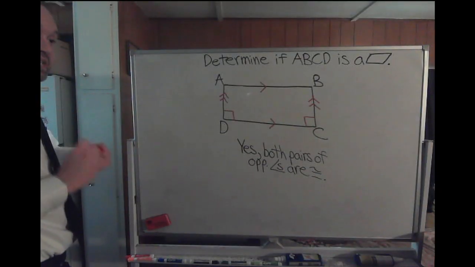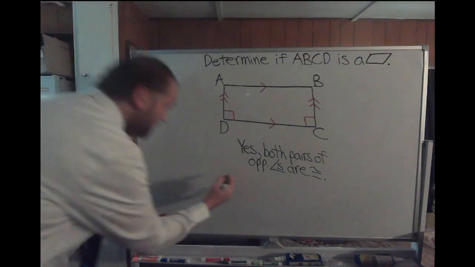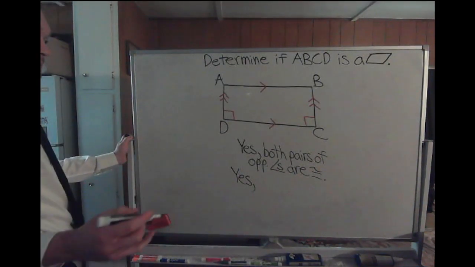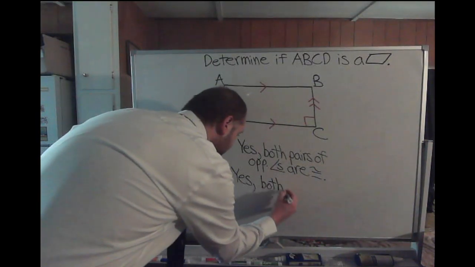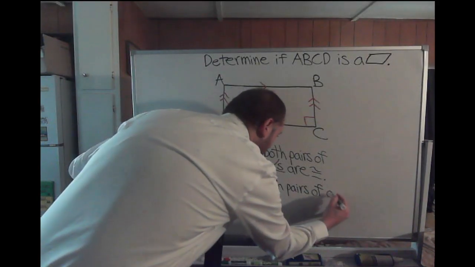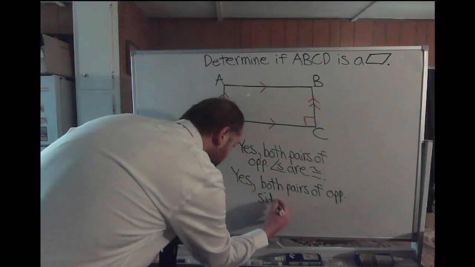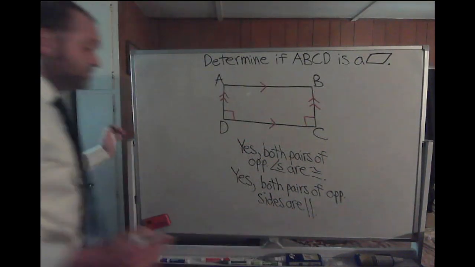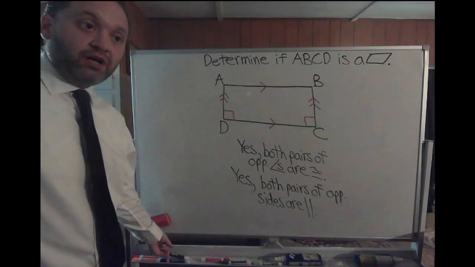So on the basic definition of a parallelogram, you can also say that yes, it's true that quadrilateral ABCD is a parallelogram. Both pairs of opposite sides are parallel. So that's another possibility for proving that ABCD is in fact a parallelogram.